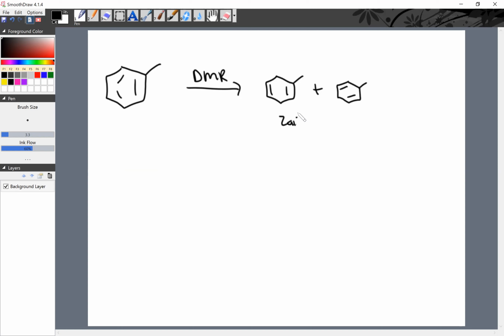Zaitsev says the most substituted alkene wins, so this one is the major product. And you technically don't even have to draw that one because this is the only one that truly would be formed. So if you have a substituted benzene, make sure you look out for the product and make the most stable product. All right, there's DMR.